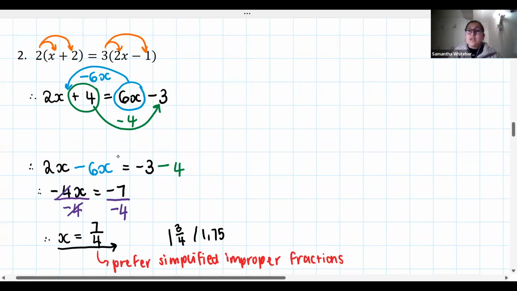So if you can get into the habit of leaving your answers in improper fractions, it will make life easier. But obviously, as you go up, hopefully you'll be more comfortable with that. And so if you can leave it as an improper fraction, if it really bugs you, 1 3/4 or 1,75 is fine as well.